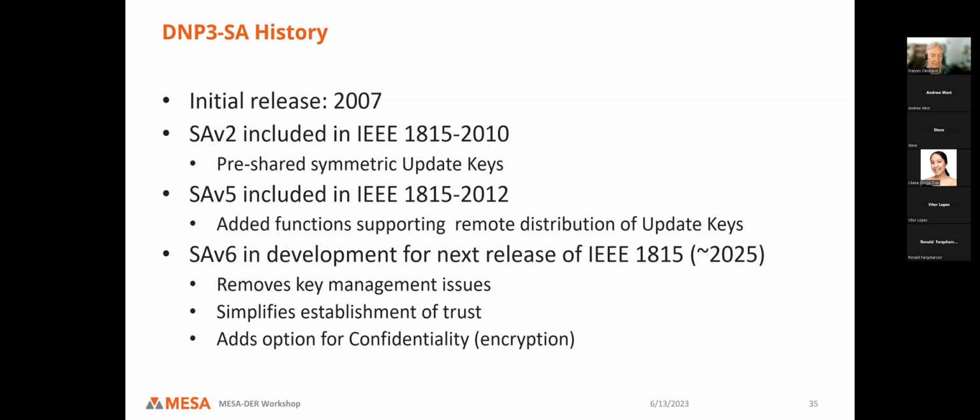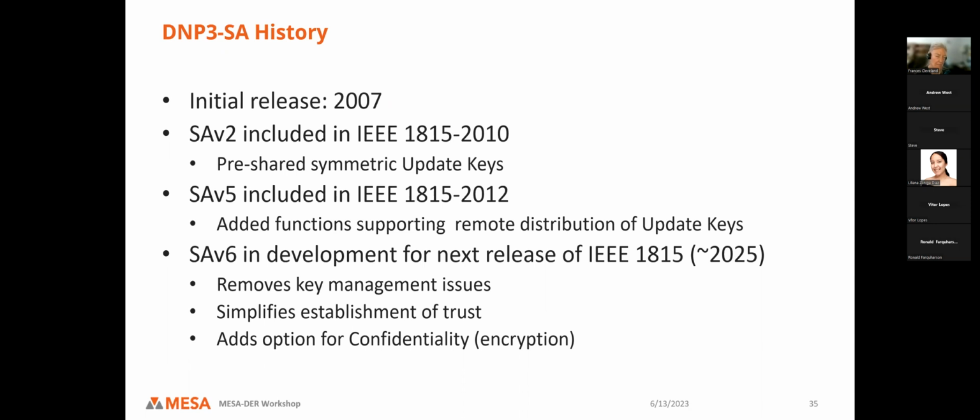What we've been working on since then is secure authentication version 6, which is a radical change to how we do security. The underlying mechanism of the hashing to authenticate the messages is remaining the same, but rather than relying on installing these symmetric update keys, we're having a different process where no human ever manages keys.